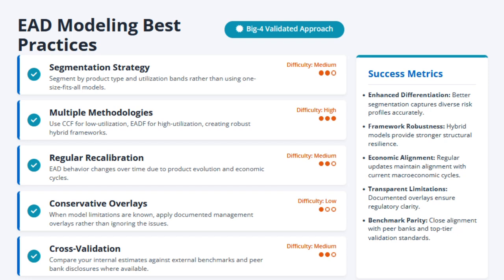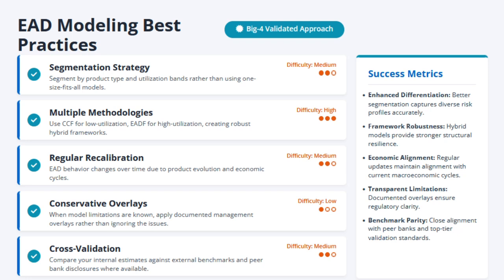Multiple methodologies. Use CCF for low utilization, EADF for high utilization, creating robust hybrid frameworks. Regular calibration. EAD behavior changes over time due to product evolution and economic cycles. Conservative overlays. When model limitations are known, apply documented management overlays rather than ignoring the issues. Cross-validation.